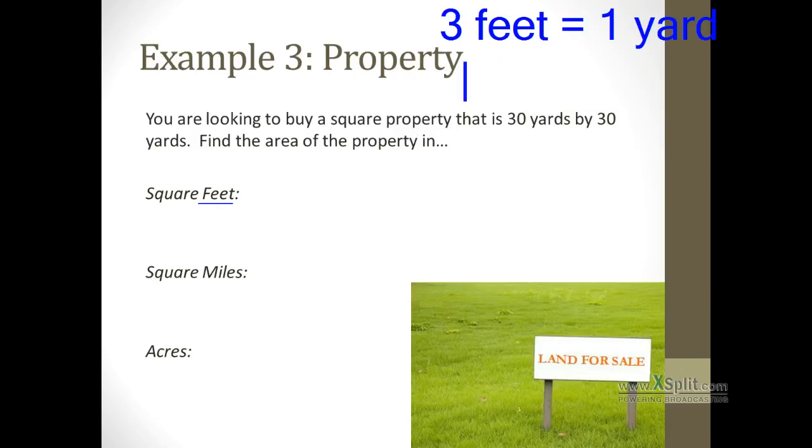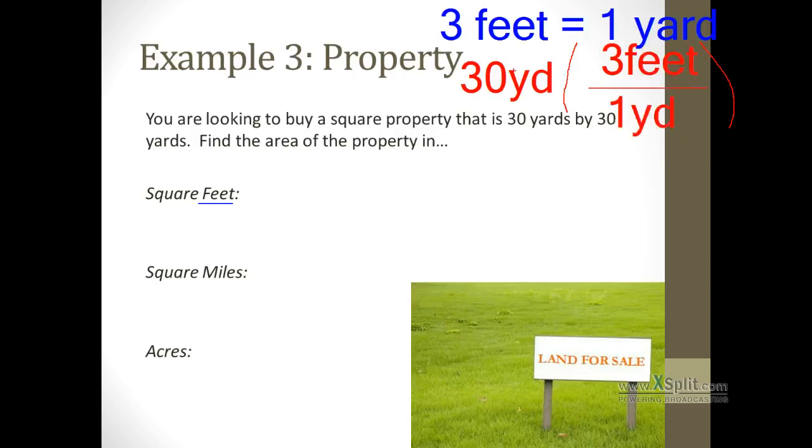So I can write out 30 yards, multiplied by 3 feet per every 1 yard. Yards cancel. We're left with just feet. 30 times 3 is 90. So 30 yards is really 90 feet. It's 30 by 30, it's really 90 by 90.